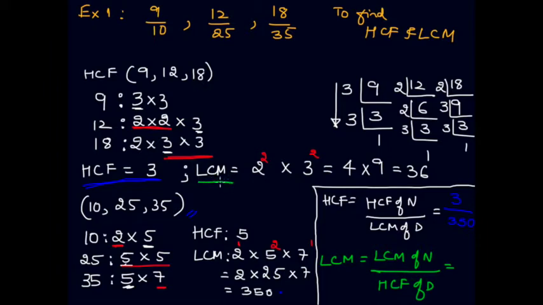LCM is here and it's 36. So let's write 36. And then HCF of denominators is right here and it's 5. That is the LCM. That's it, guys. It's not very complicated. It takes a bit of practice. Once you get to know how the factorization is done, it's a straightforward process.